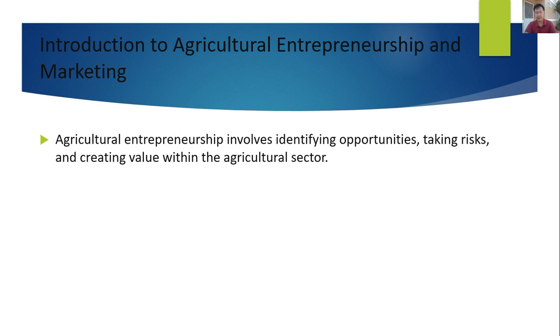So agricultural entrepreneurship involves identifying opportunities, and at the same time, by taking that opportunity, you are also taking the risk of that venture, and you are creating value within the agricultural sector.